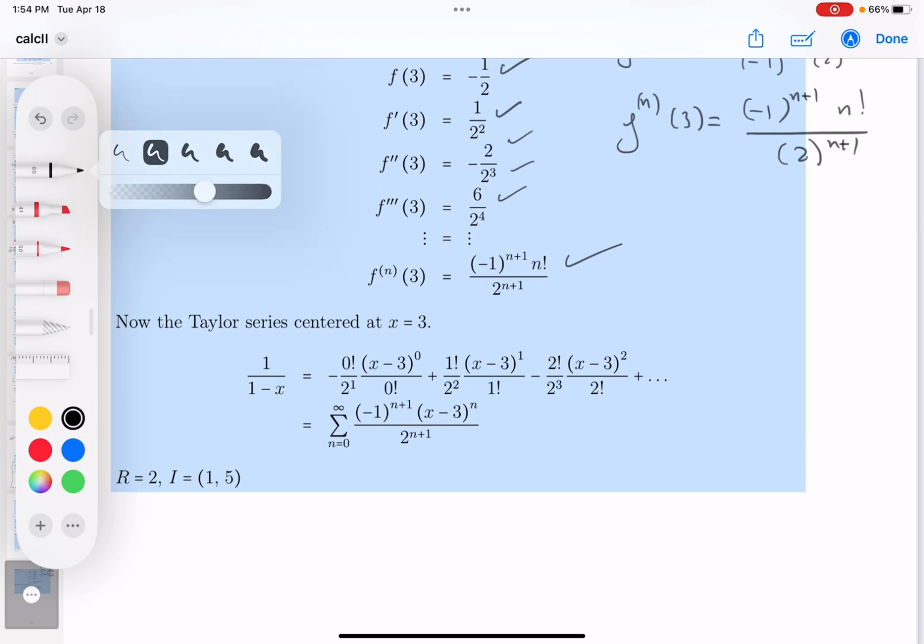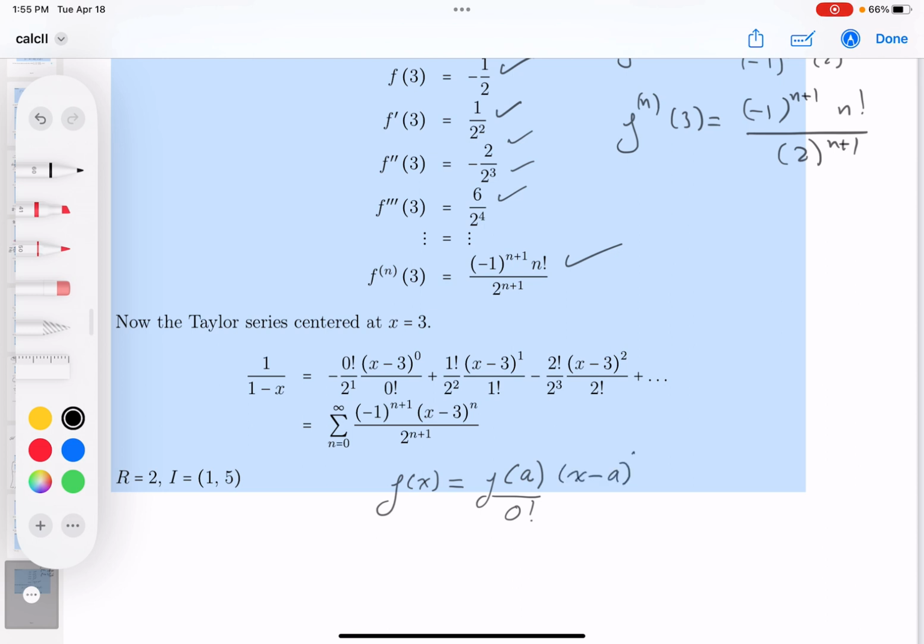And f(x) is going to be, let's just be careful about this, f evaluated at a over 0 factorial, times (x - a) to the 0.